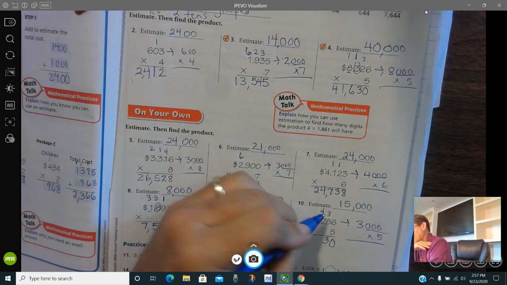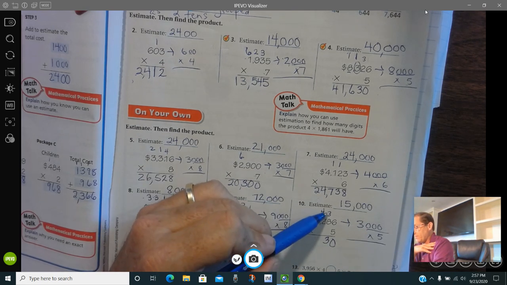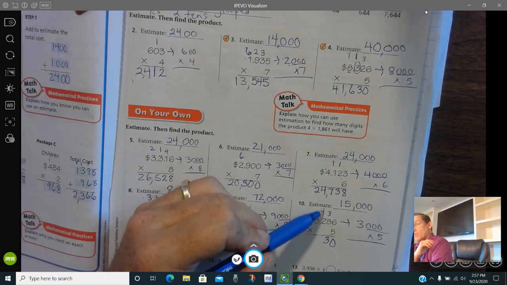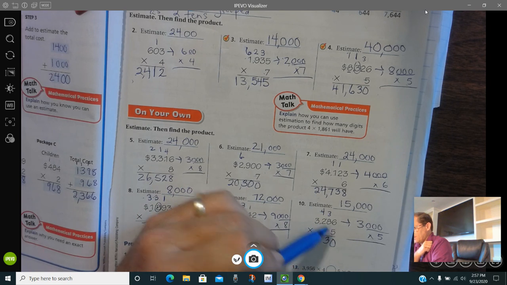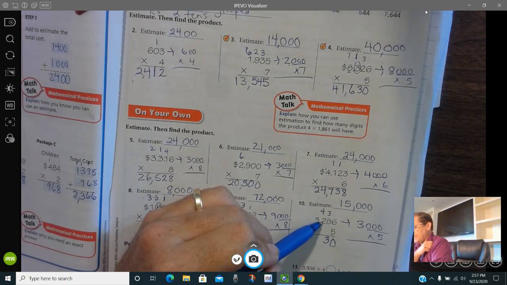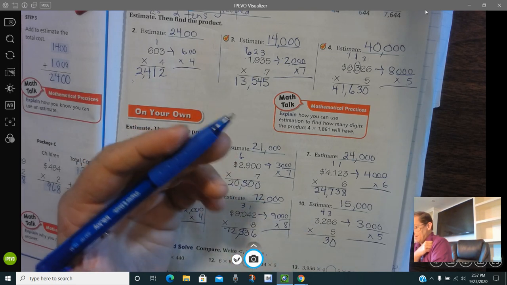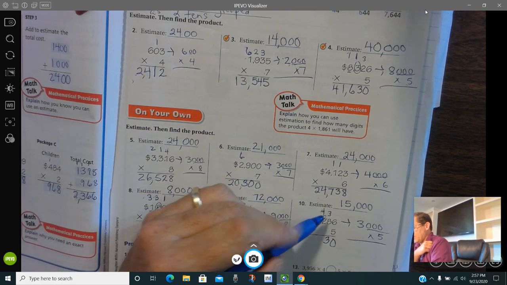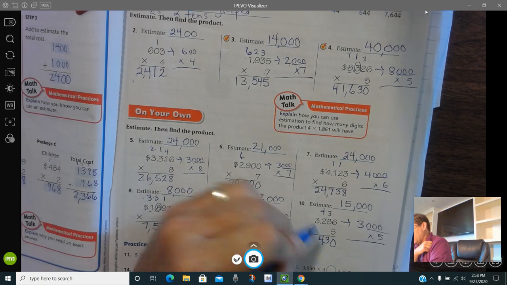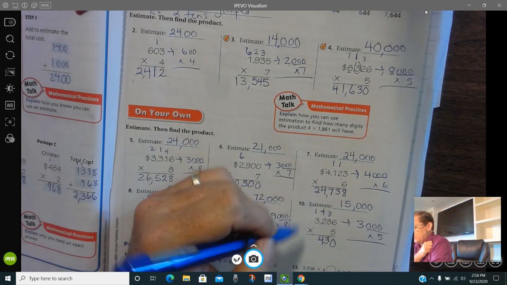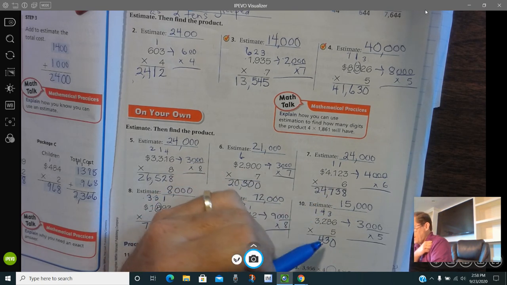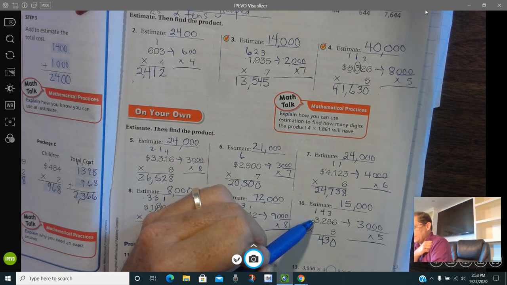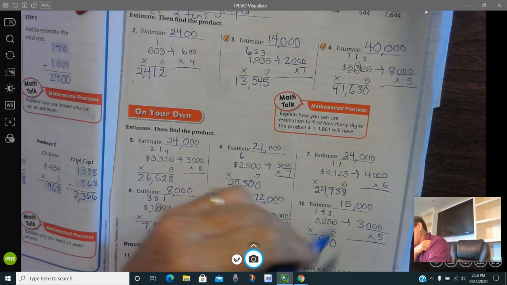We're going to take 40 of those 10s and trade them for 400s. And then 5 times 200s is 10 hundreds plus 4 more is 14 hundreds. So we'll trade 10 of those hundreds as 1,000. And 5 sets of 3,000 is 15,000 plus the regrouped 1,000 gives me 16,430.